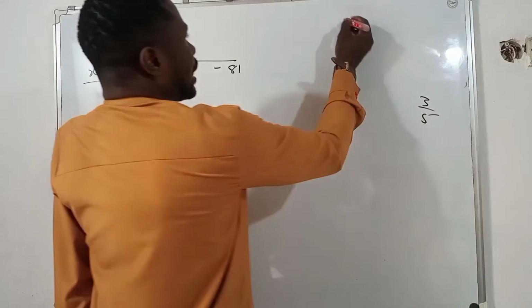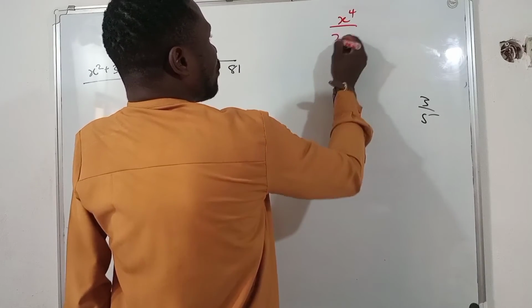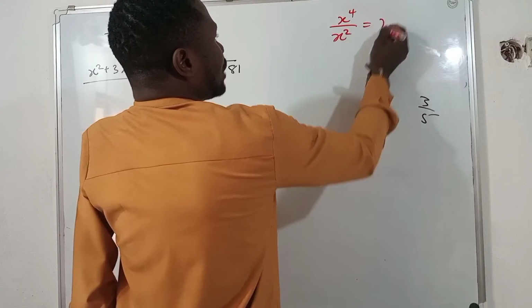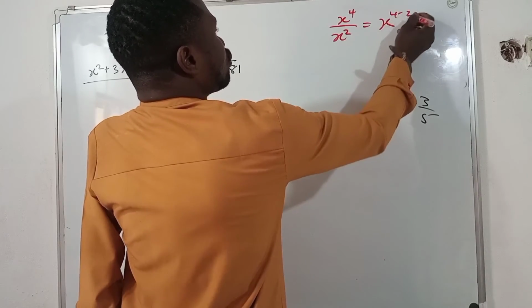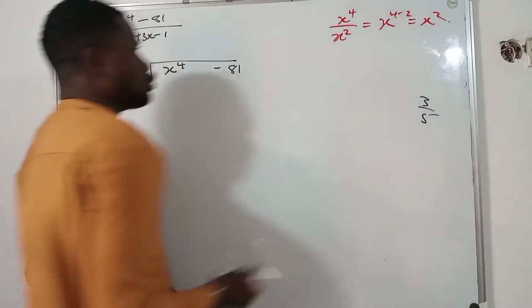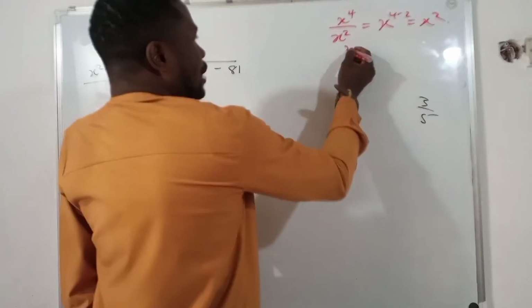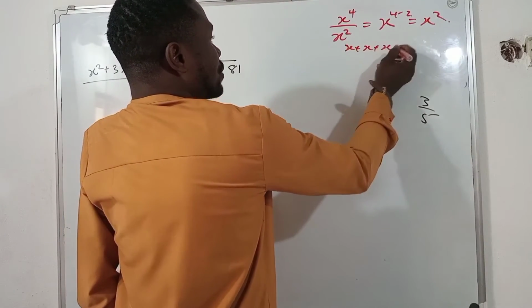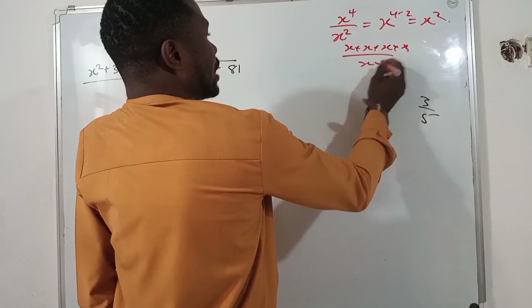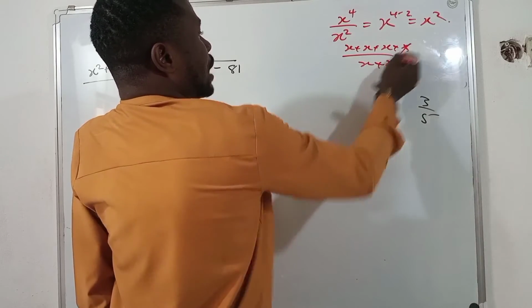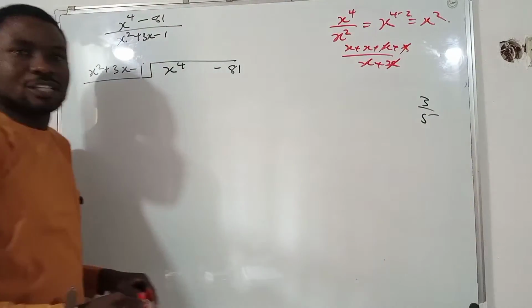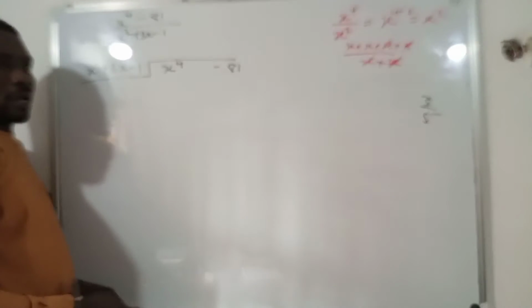What that means is that I will say x raised to the power 4 divided by what? x squared. That, of course, you know is x to the power 4 minus 2, and that will be x raised to the power 2. Or you simply say x times x times x times x, and this is x times x. Where this will cancel, you're left with what? x times x, which is x squared.